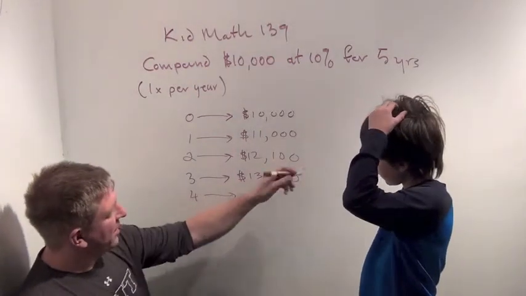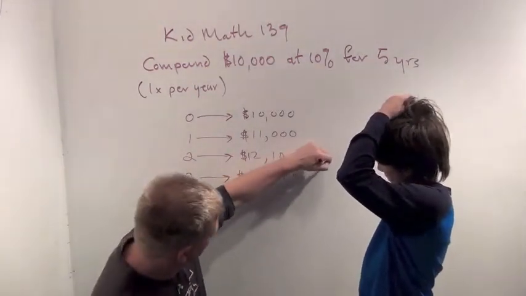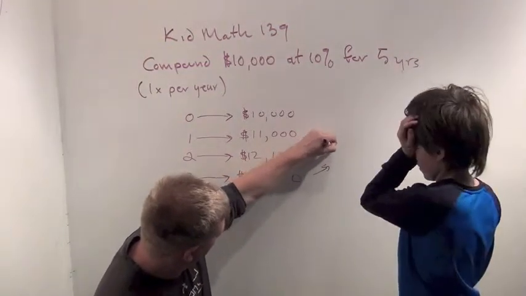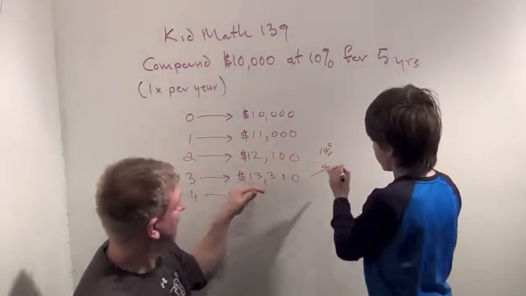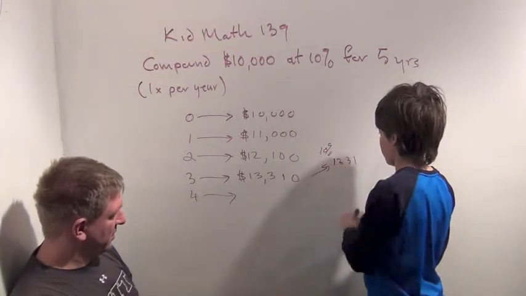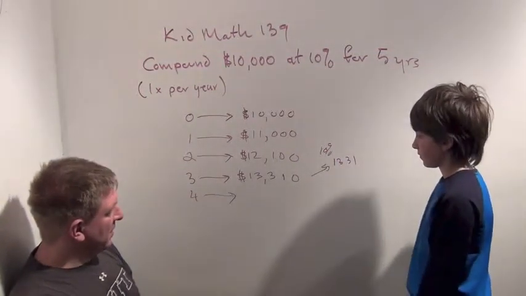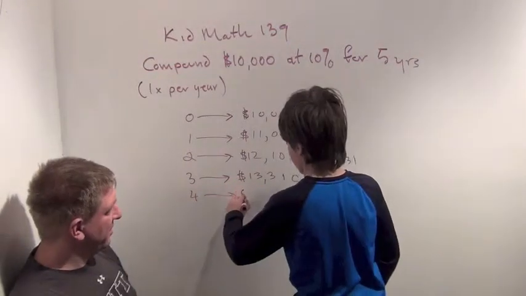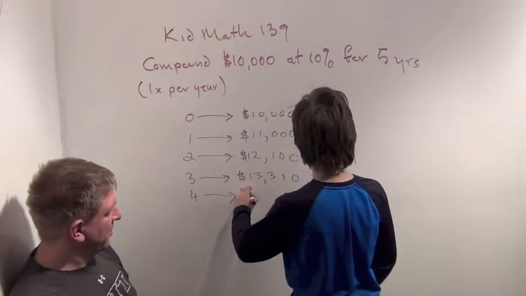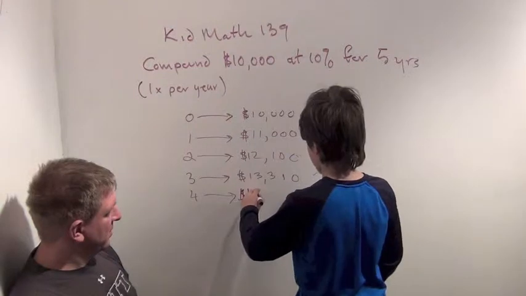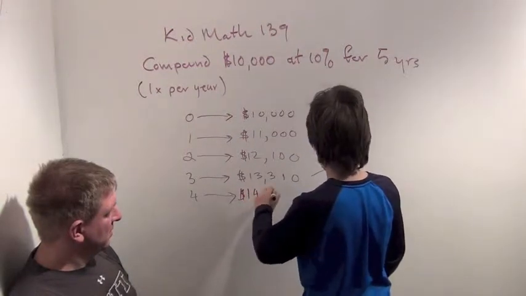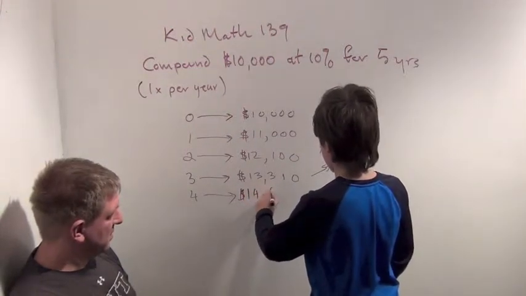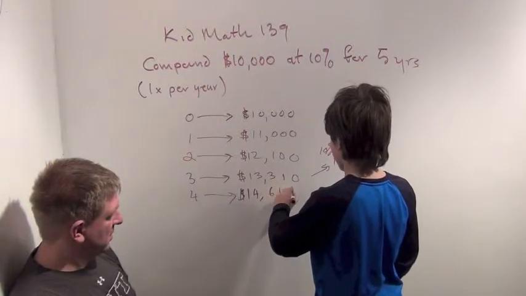At year 4, why don't you write down what 10% of this is? Because you're having a hard time saying the numbers. What's 10% of this number? And what do I get when I add 10% interest onto this? You get 14,641.